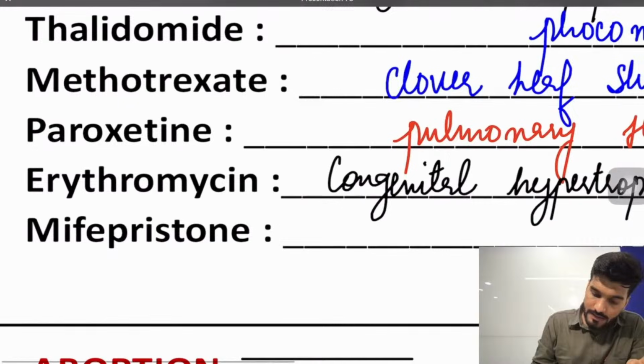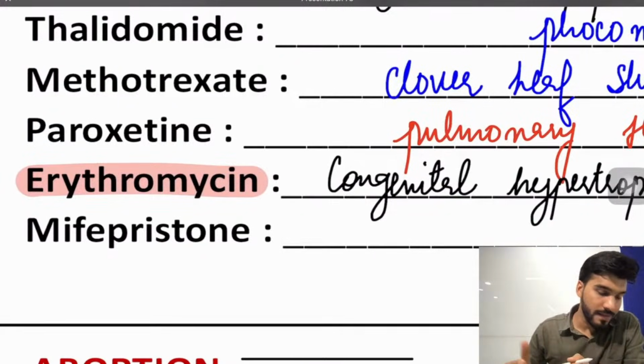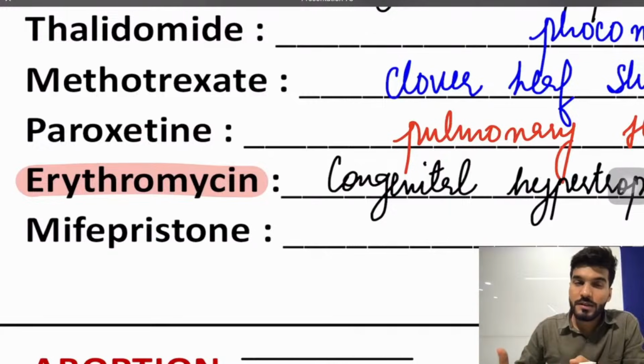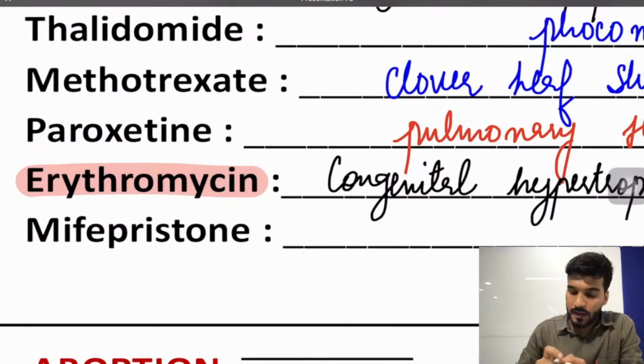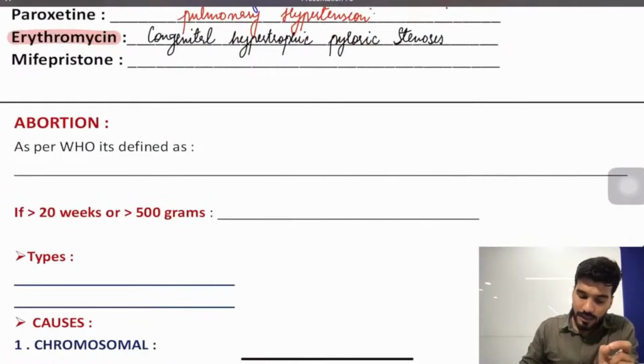That's going to be erythromycin, in which we have the single bubble appearance. From the surgery point of view, this question was already asked: what is the electrolyte abnormality over there? We have hypokalemic, hypochloremic metabolic alkalosis, and the name of the surgery is Ramstedt pyloromyotomy. That's about erythromycin. So remember, 3 antibiotics are safe in pregnancy.